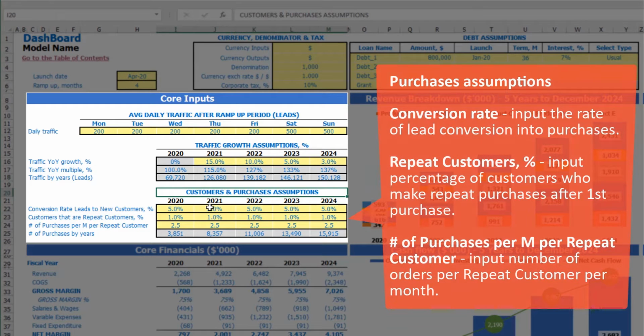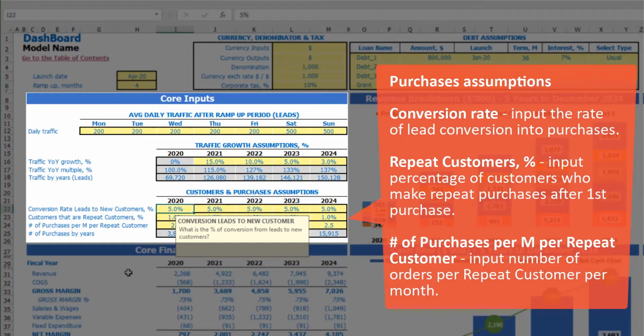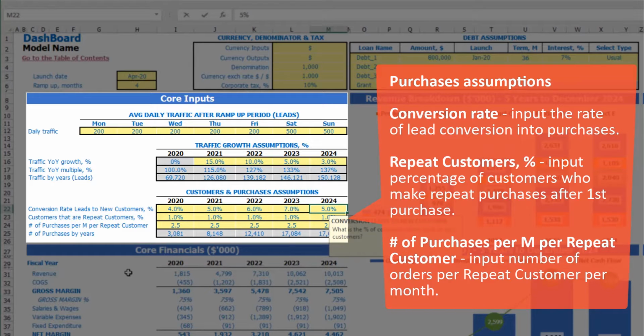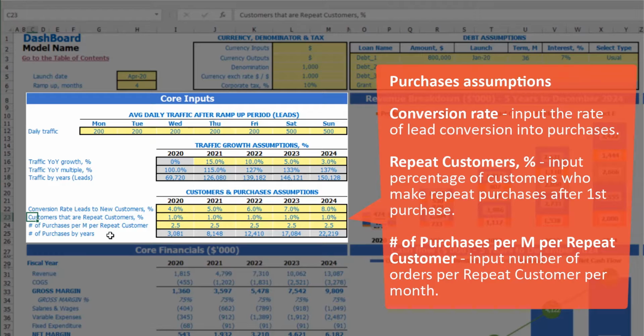Next, you can input customer and purchases assumptions, which is conversion rate from leads to new customers by years. Let's pretend for the first year it will be 4%, 5, 6, 7, 8%. Also, if your customer tends to do repeated sales, you may input percentage of customer that will do repeated sales.